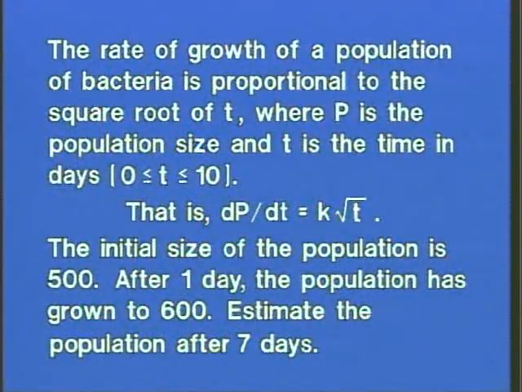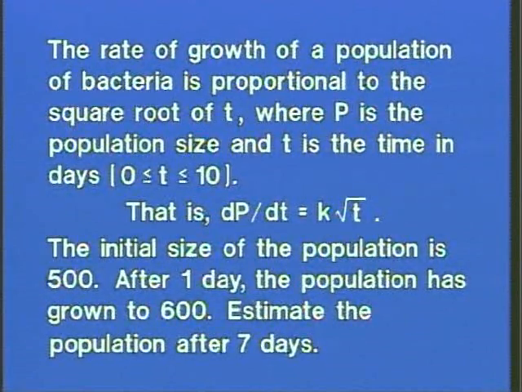You may recall from college algebra, for example, that if you say something like A is proportional to B, it implies the existence of a constant of proportionality k such that A is equal to k times B. And that's why we have the k times the square root of t idea here when we're talking about proportion. Okay, let's continue.